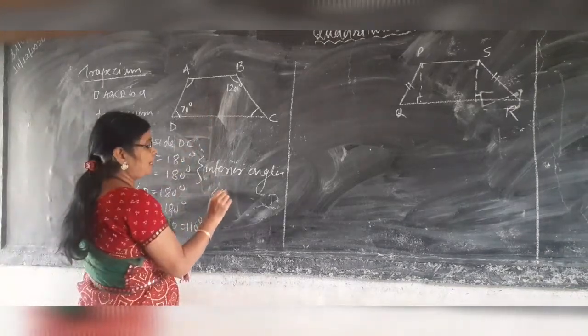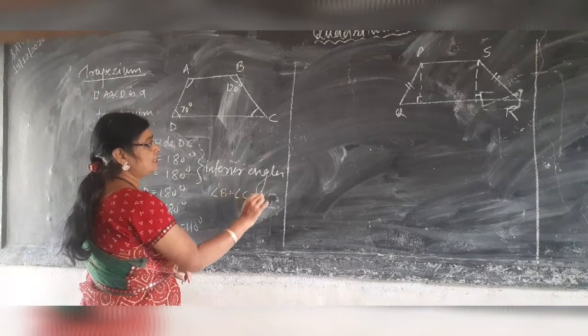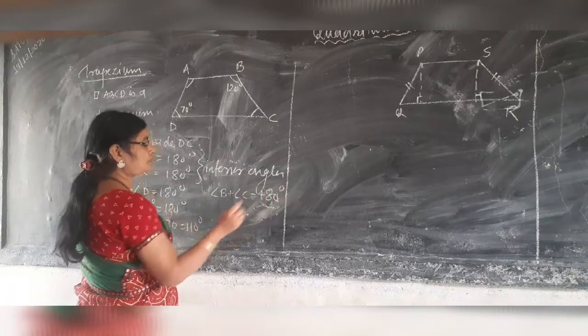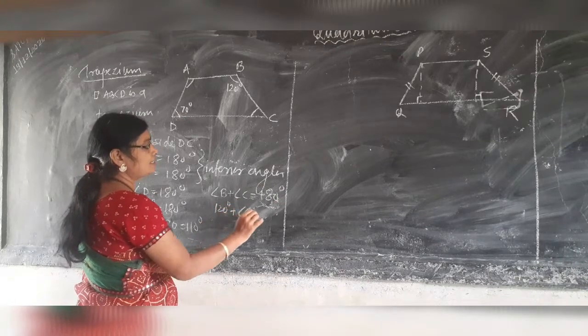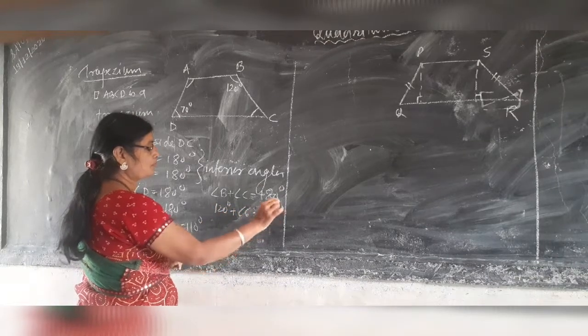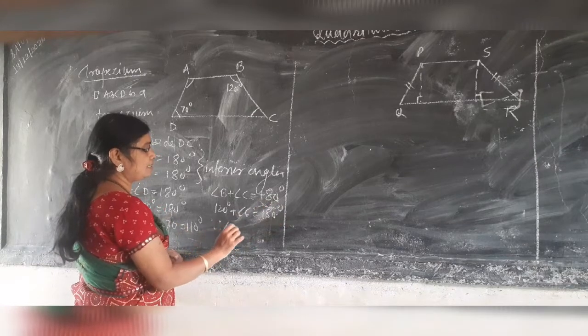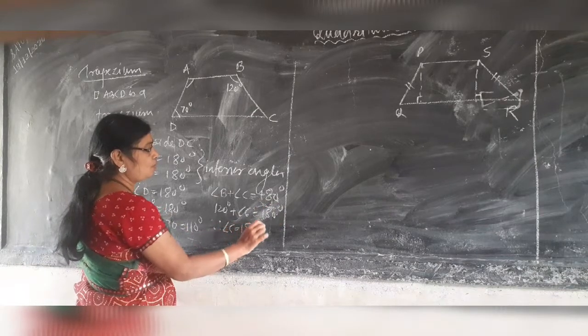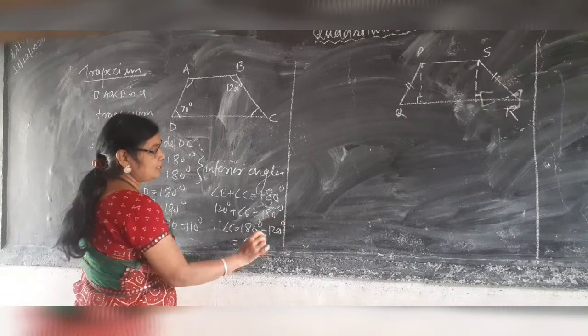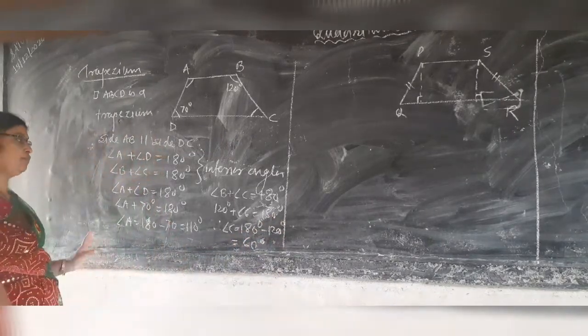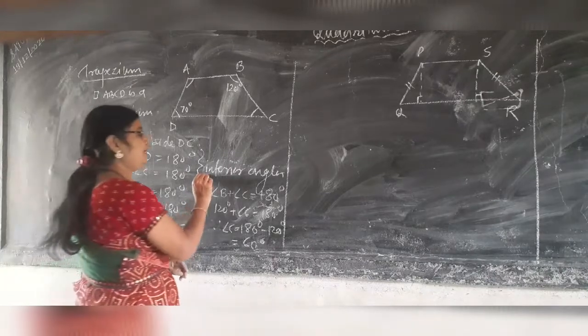Similarly here, angle B plus angle C is equal to 180. Angle B is 120. Angle C you have to find out. And therefore angle C is equal to 180 minus 120. That is 60 degrees.